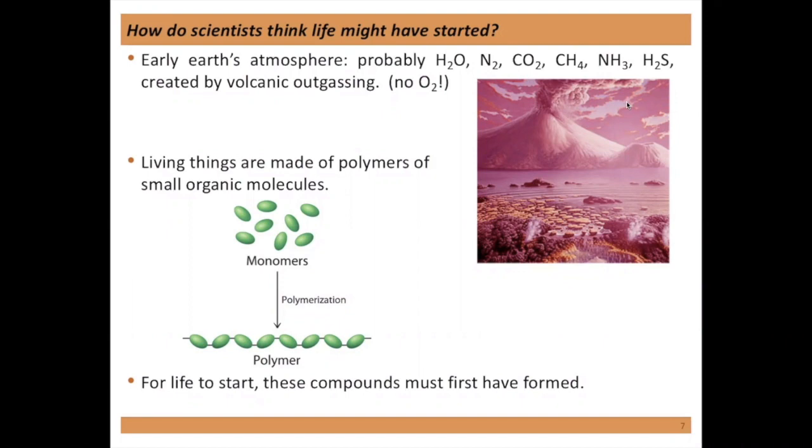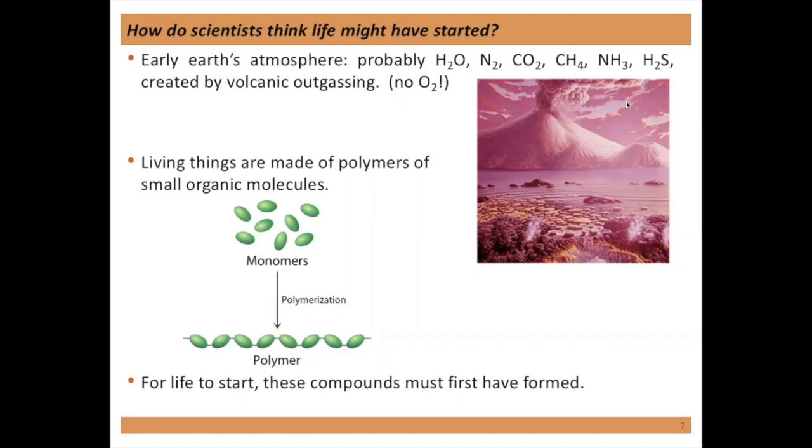So early Earth's atmosphere probably had water, definitely nitrogen, carbon dioxide, methane, ammonia, hydrogen sulfide, maybe carbon monoxide. There's actually lots of different thoughts about what actually composed the early Earth's atmosphere.